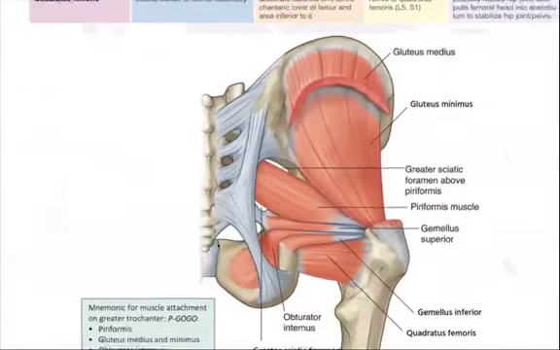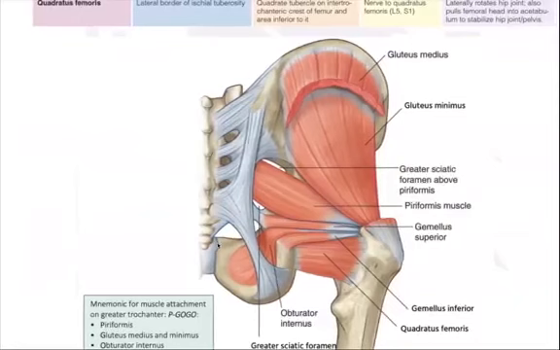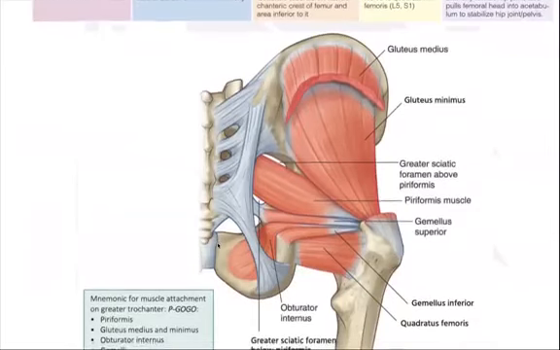Mainly, what are the muscles on the posterior aspect? You have to know about the gluteus maximus, gluteus minimus, and gluteus medius, which is not visible here. Sorry, the gluteus medius is visible, but the gluteus maximus is not visible.